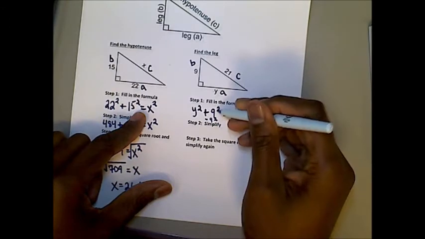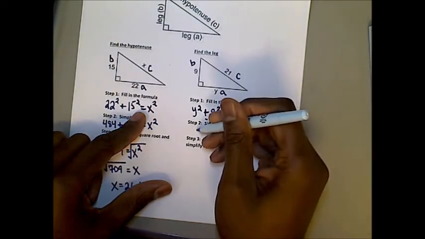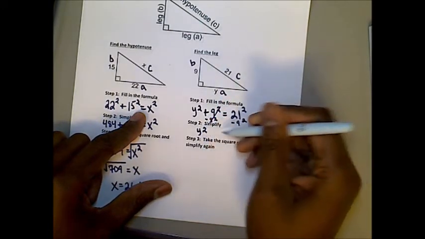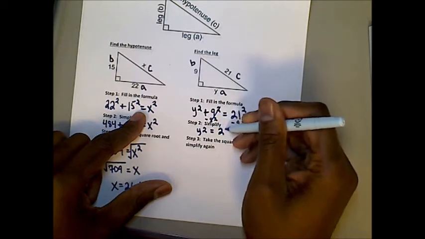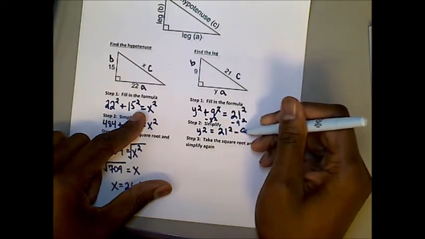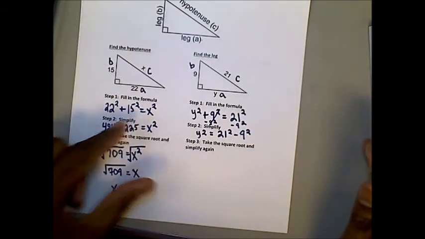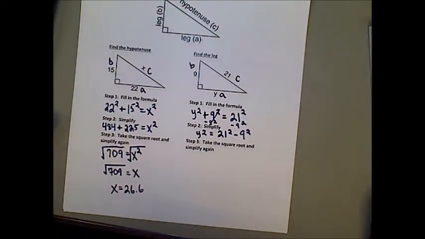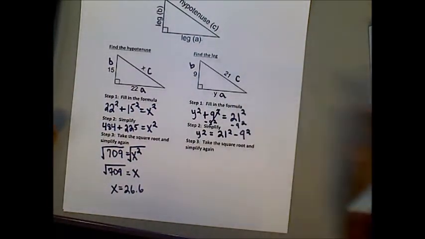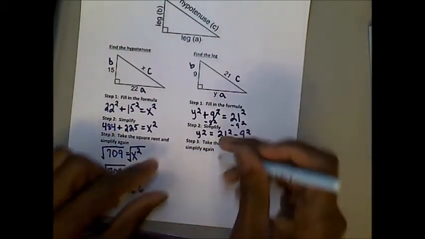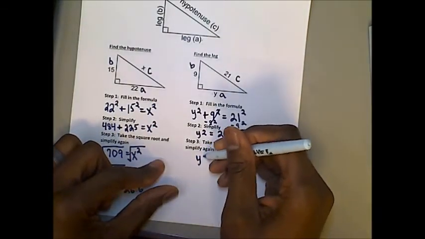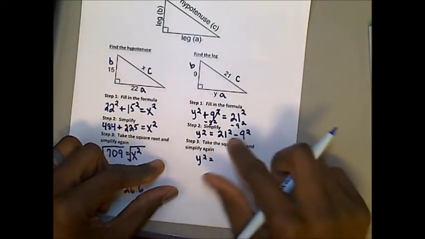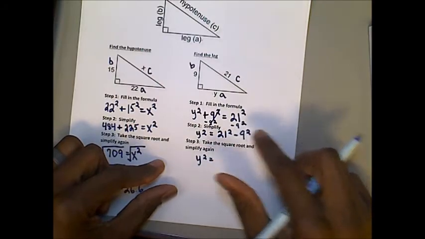Okay, so these 9 squareds cancel out, and I'm left with y squared is equal to 21 squared minus 9 squared. Okay, and then just like I did on the previous example, we're going to go ahead and evaluate, and I'm going to write that down here in step 3. So y squared is equal to whatever 21 squared minus 9 squared is.